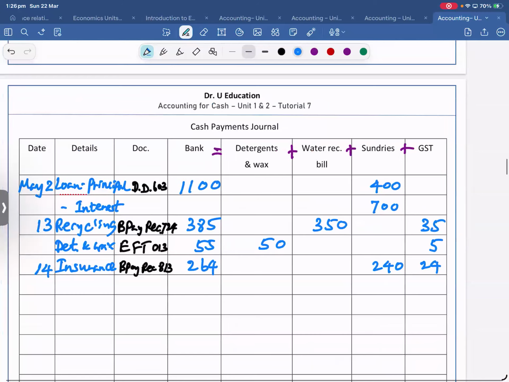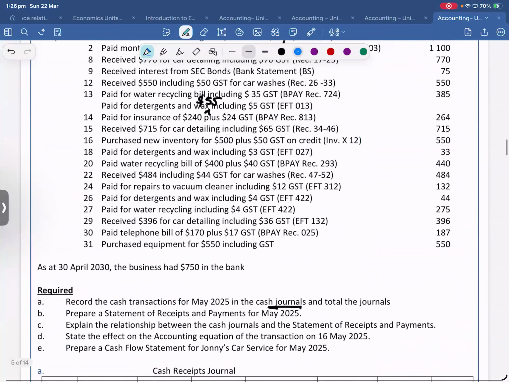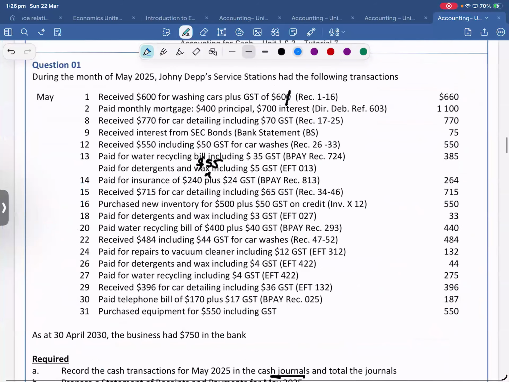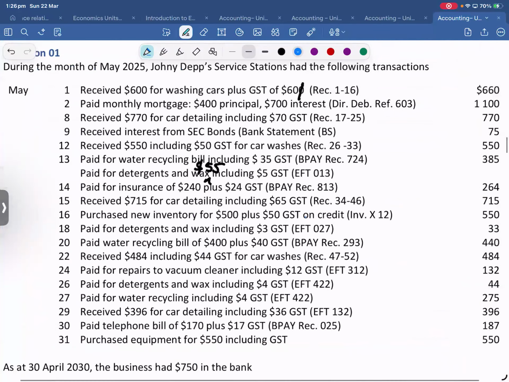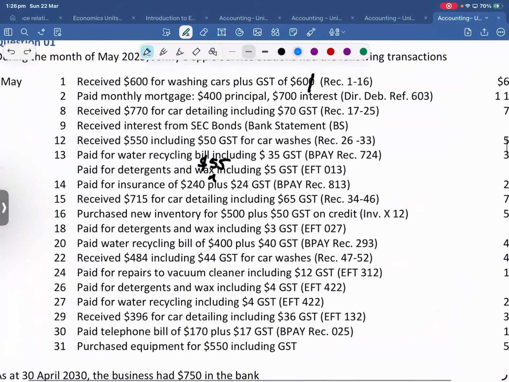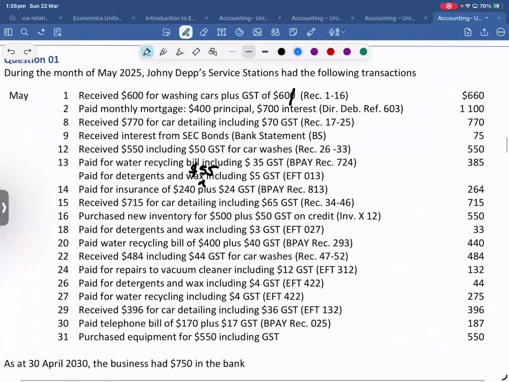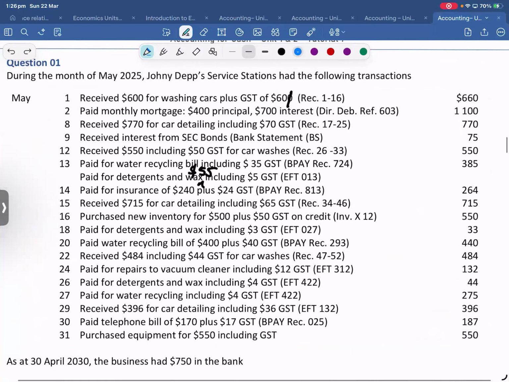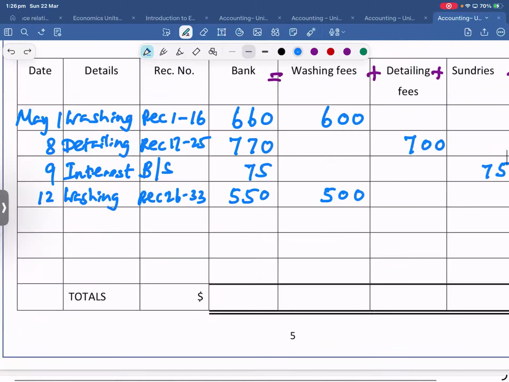Right. Then 15th. Received 715 for detailing with 65 GST. Received this one. And then where do we record it? Receipts, yes. Right.